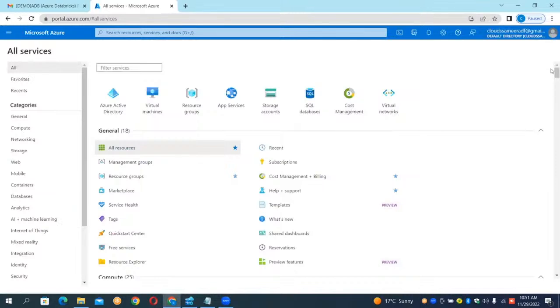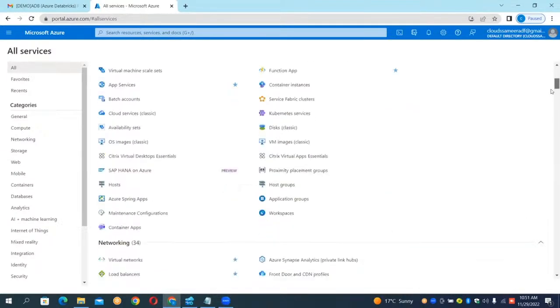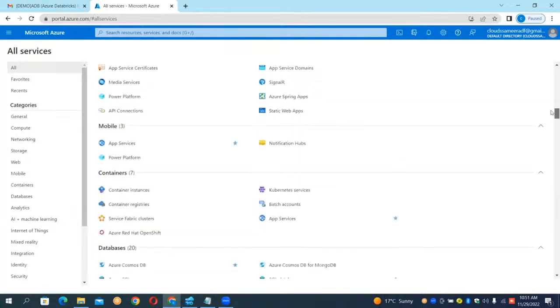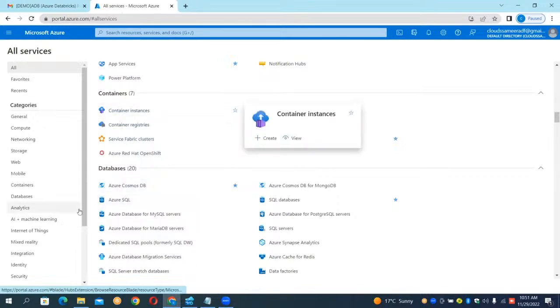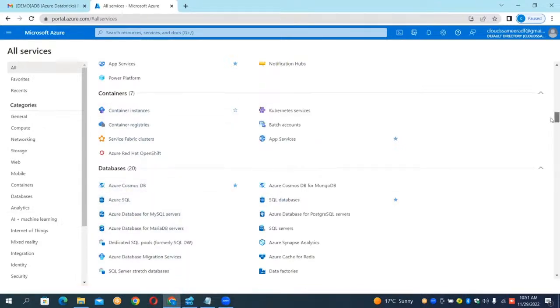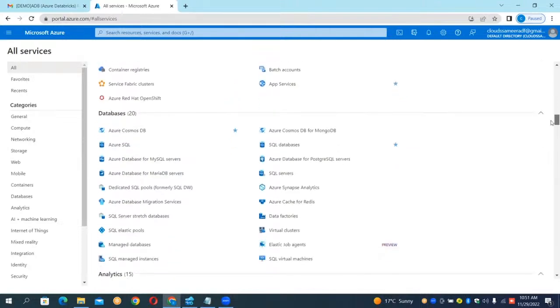Can you see here? All these are the services, and these are the storages. These are called container storages. These are called database storages. Container storages are 7, database storages are 20.